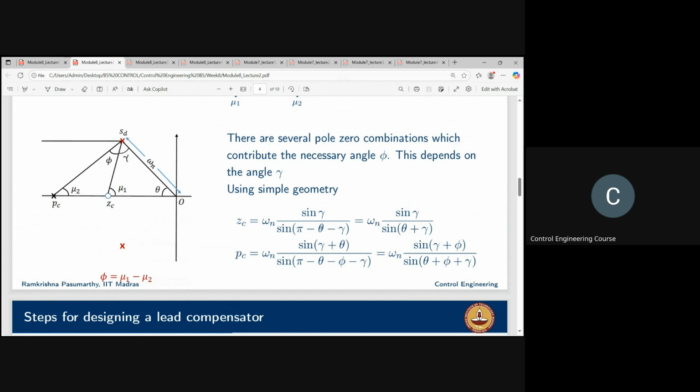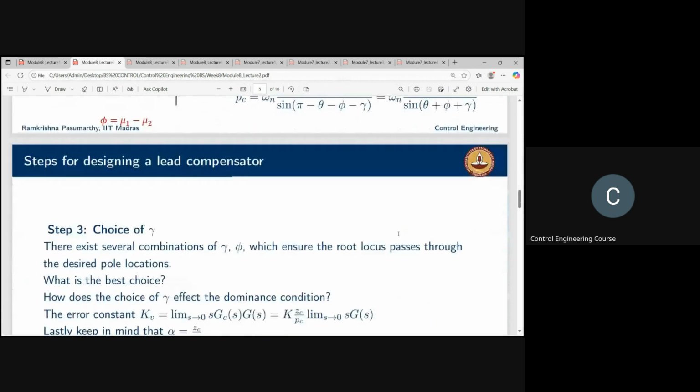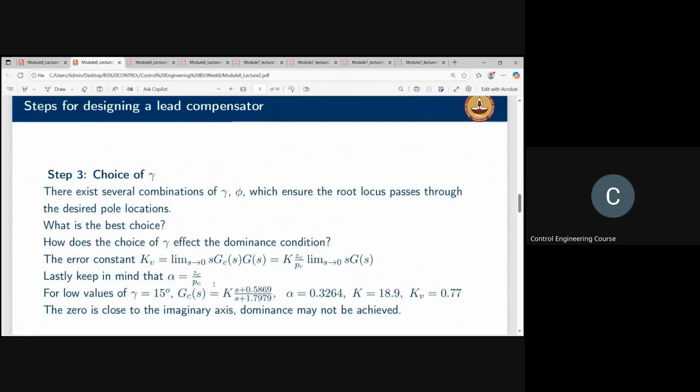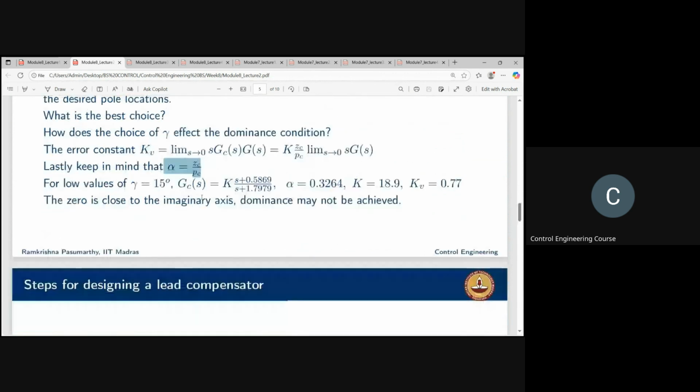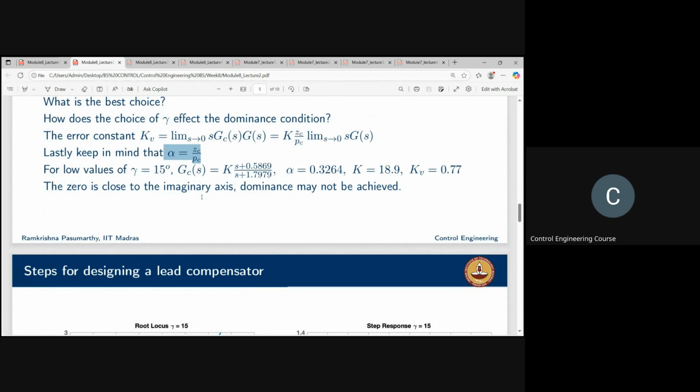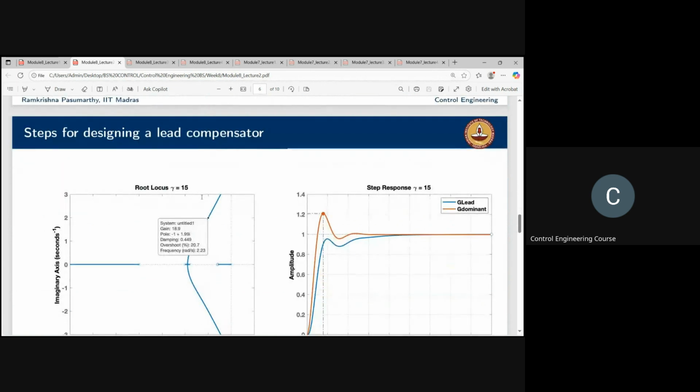It's basically the sine rule that you studied in school or college first year. So PC will be this. Now you have to choose gamma such that this alpha is ensuring dominance of the pole of the compensator related to the zero, okay?